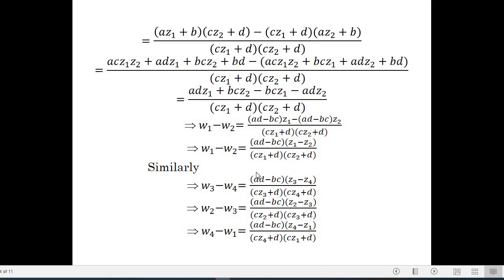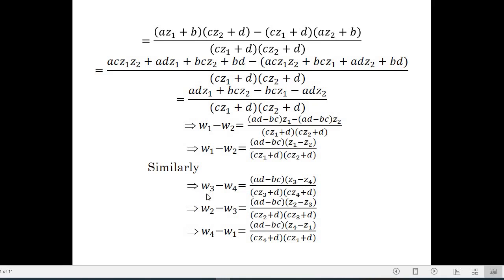Similarly, we find the other factors, that is W3 minus W4. For the cross ratio of 4 points, you need W1 minus W2, and then W3 minus W4. So I will write this directly. We just replace W1 and W2 by W3 and W4. Correspondingly Z1 and Z2 become Z3 and Z4.